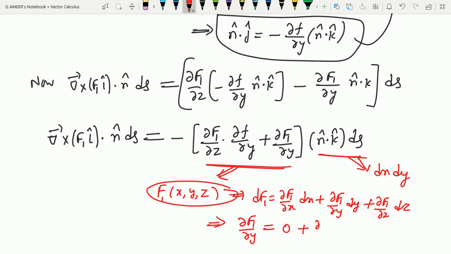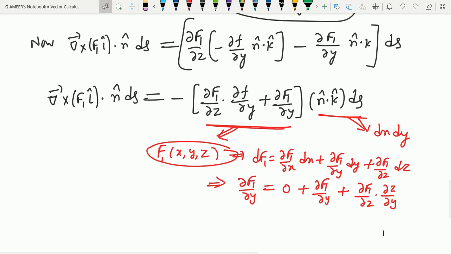Then the second term will be simply dou f1 by dou y. But z can't be 0, z is a function of both x and y. So that's why I can put dou f1 by dou z into dou z by dou y.